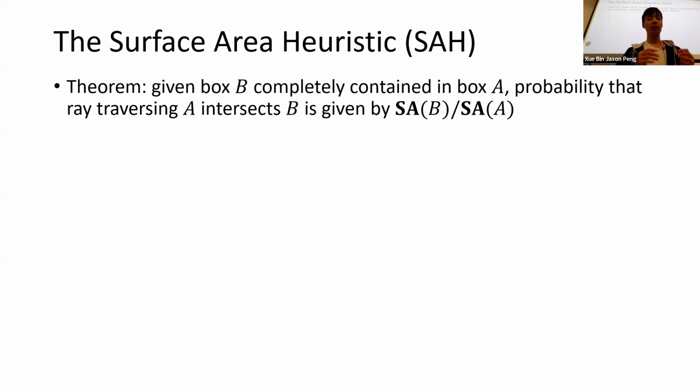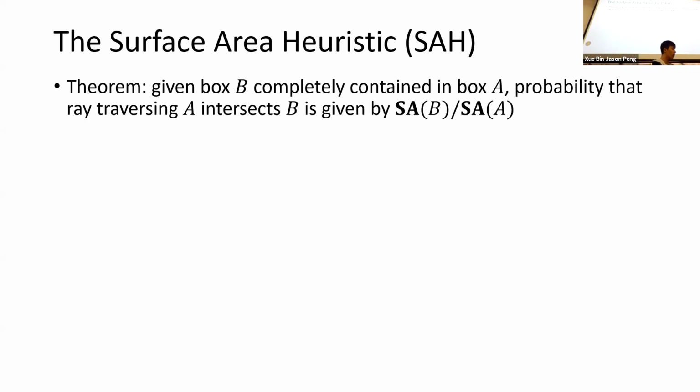Let's say you have a bounding volume A, which contains a child bounding volume B. If we have a ray that intersects the parent bounding volume A, the probability that the ray is also going to intersect the child bounding volume B is proportional to the surface area of the child with respect to the parent.